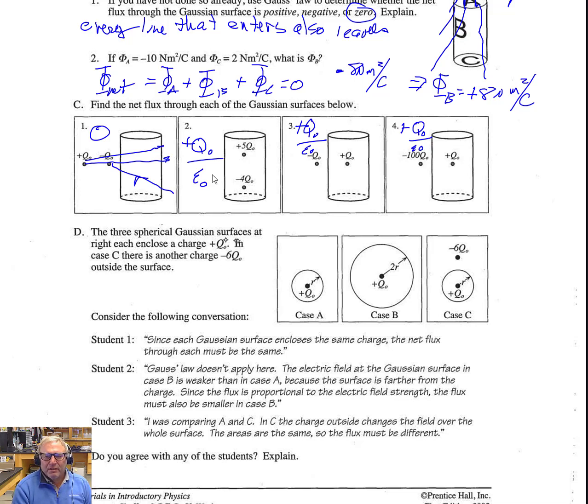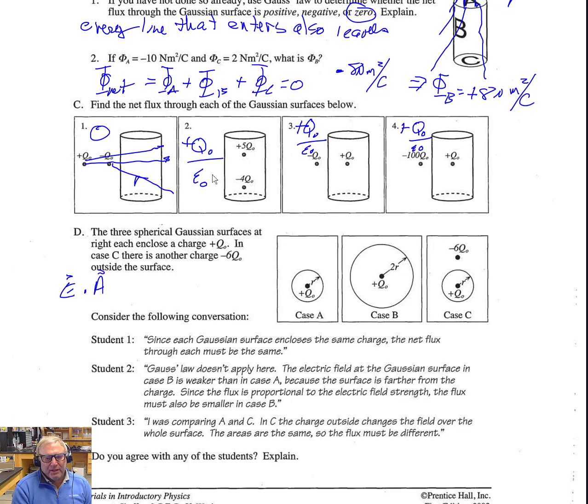Okay, 3 spherical Gaussian surfaces to the right. In case C, there's another one there. So remember, the number of flux lines you see and the surface area: the number of flux lines stays the same, the area gets bigger, right? But you've got to remember it's the E vector, even though we use the flux line, that's just a framework of thought.